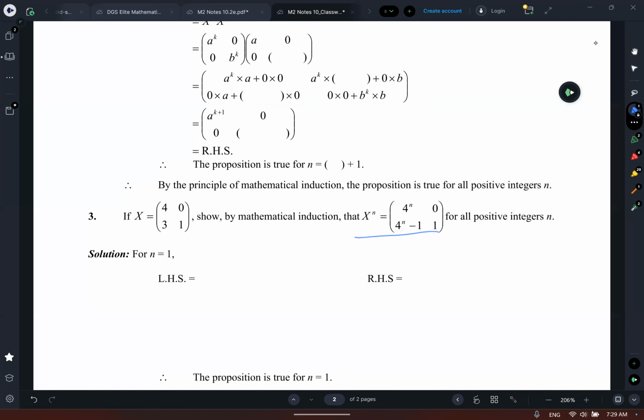If you're not given this formula, I don't think it's easy to deduce this formula yourself. But hopefully later on we will have a more systematic way of doing it. But so far, we will say that for most matrices it is unknown. Only for a diagonal matrix, this multiplication is easy.